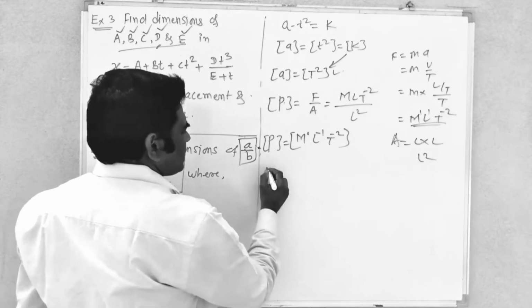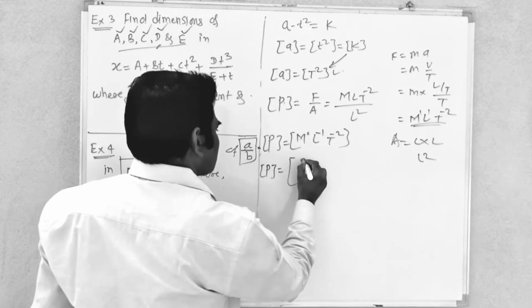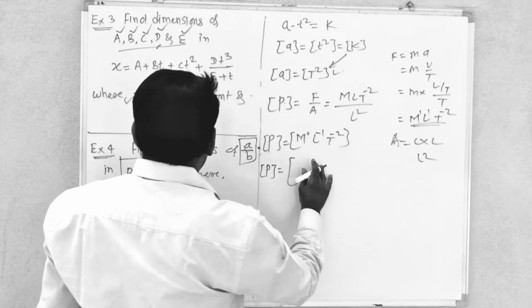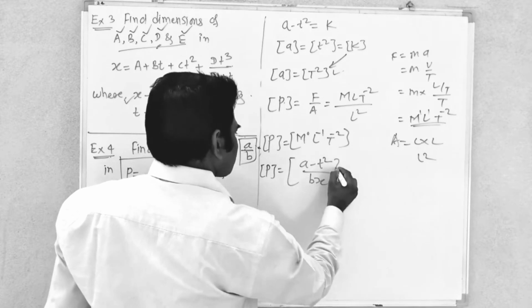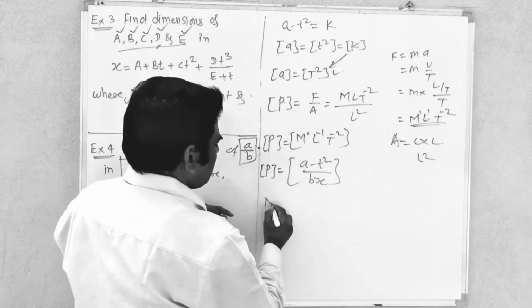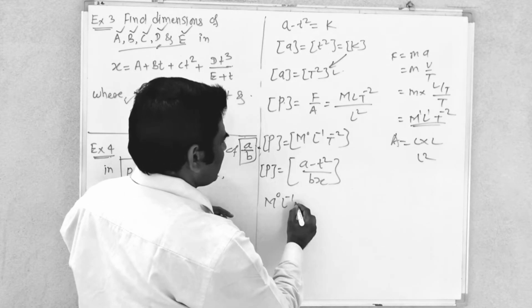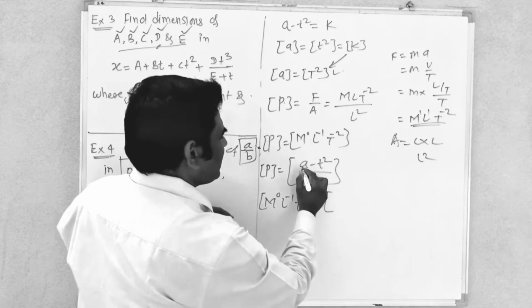So the dimension of P is equal to the dimension of this complete term, (P minus A minus T square) divided by Bx. Clear? So P is M0 L to the power minus 1 T to the power minus 2. So this is equal to A minus T square.